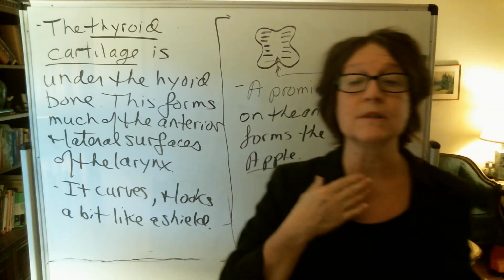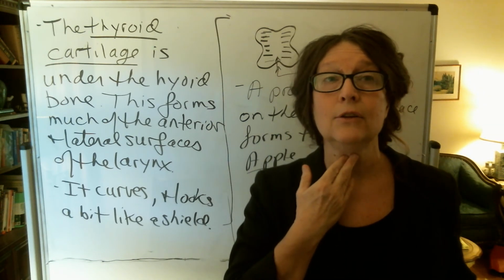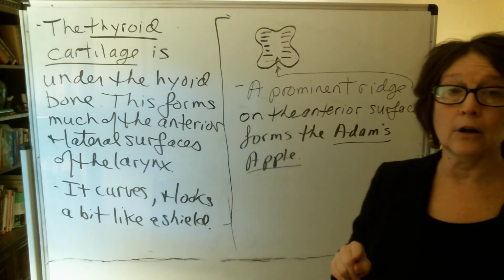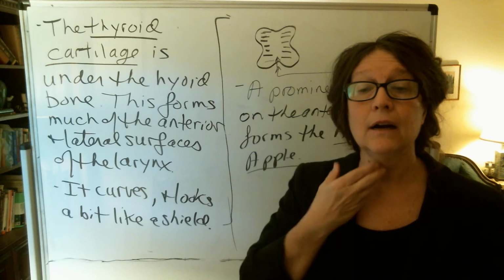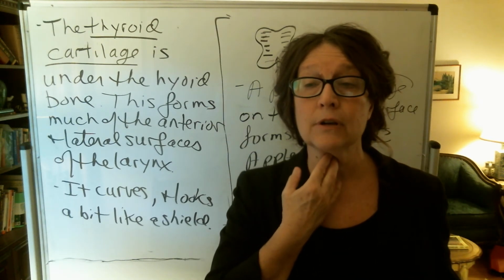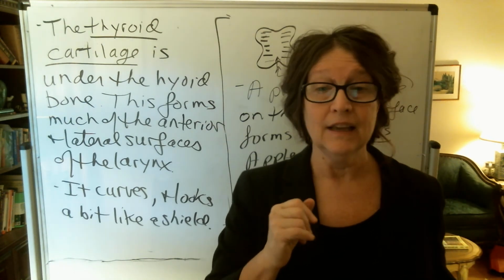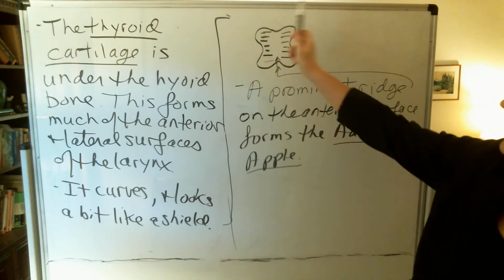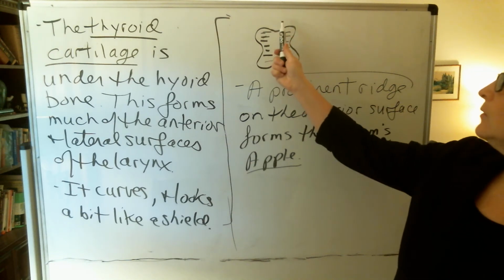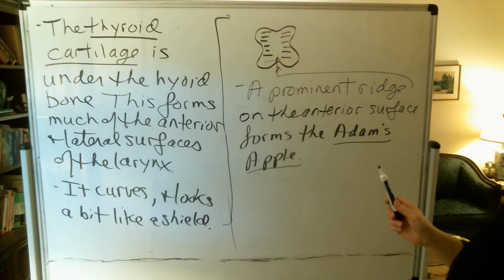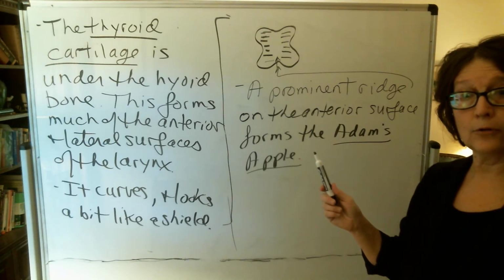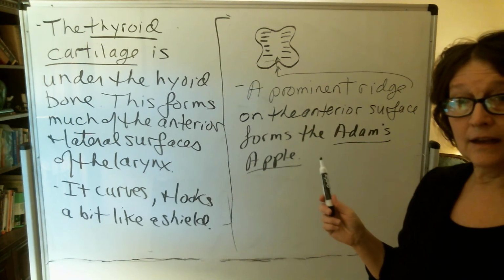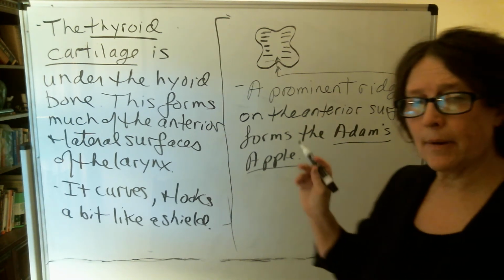So when you find your Adam's apple here, you can actually feel that ridge there. That is that ridge there on the thyroid cartilage of your larynx. And you know it's your larynx because if you press, only do this gently, then you can wind up changing your voice because you have the vocal cords housed behind this. So when you found your Adam's apple, you found your thyroid cartilage, which is the most prominent cartilage on your larynx.